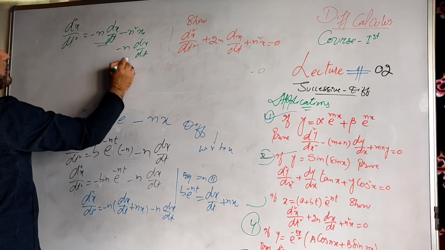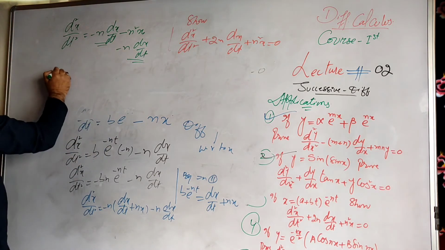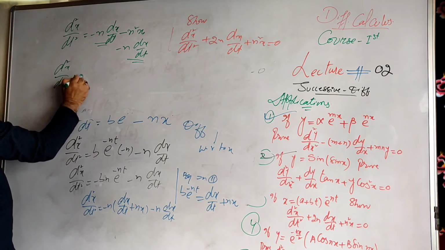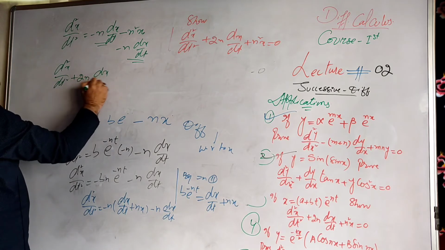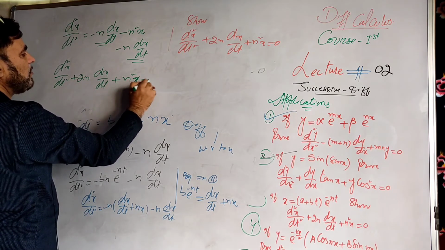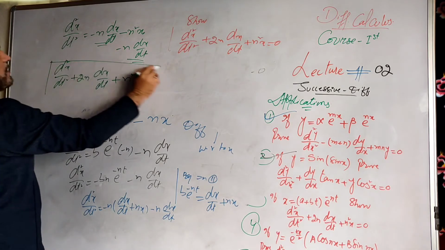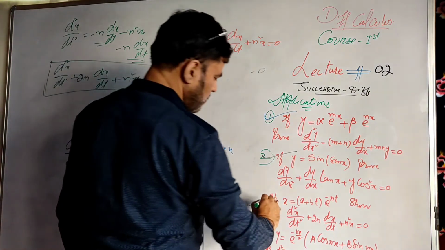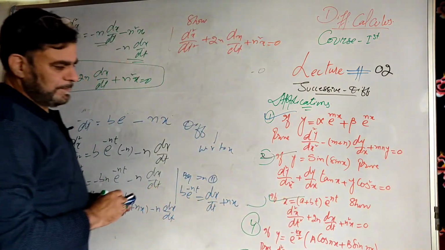Now this is twice. When you take it here, it is d2x by dt square plus 2n dx by dt plus n square x is equal to 0. This gives you the correct result. So this problem also gets solved.